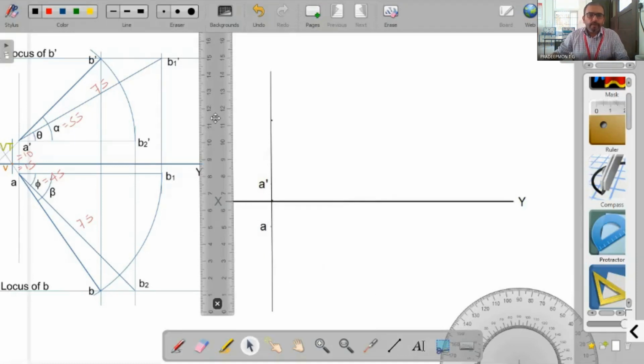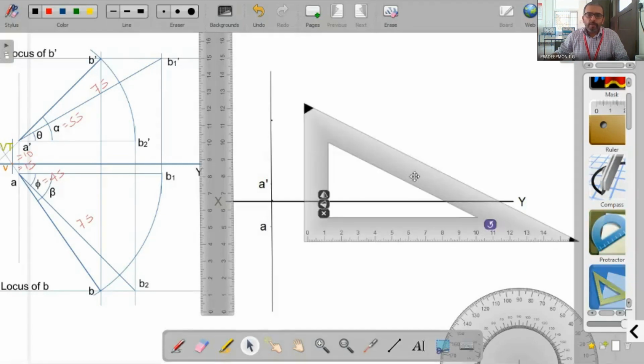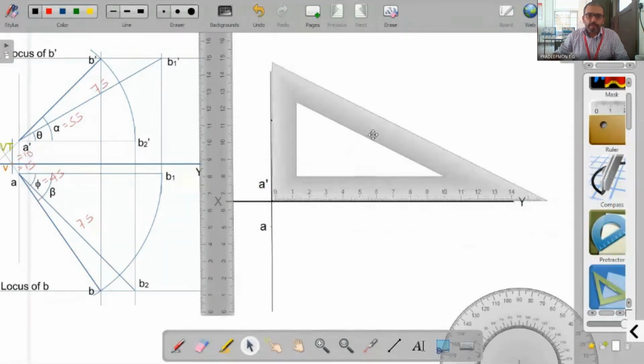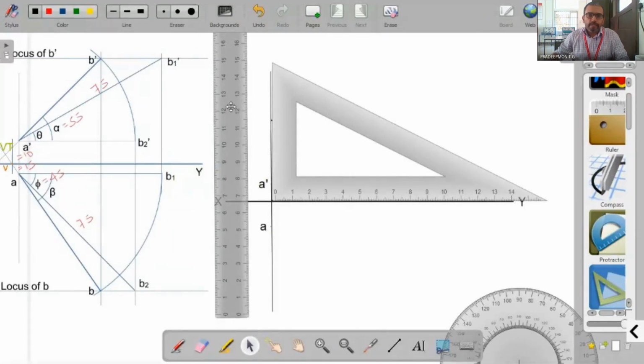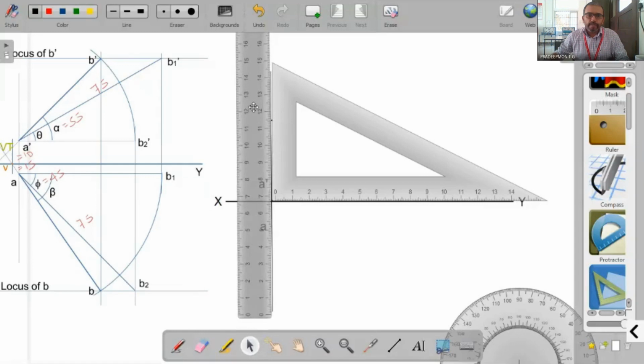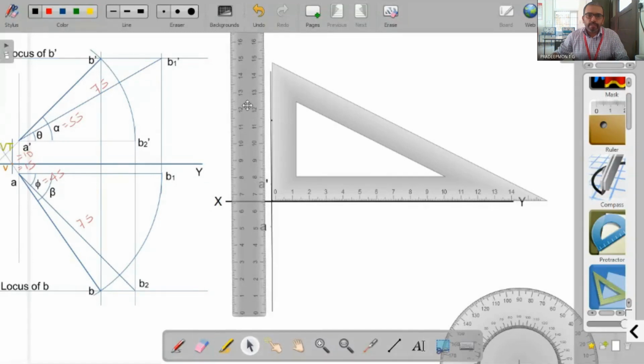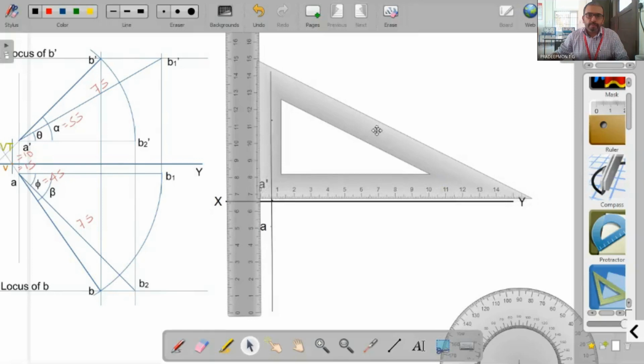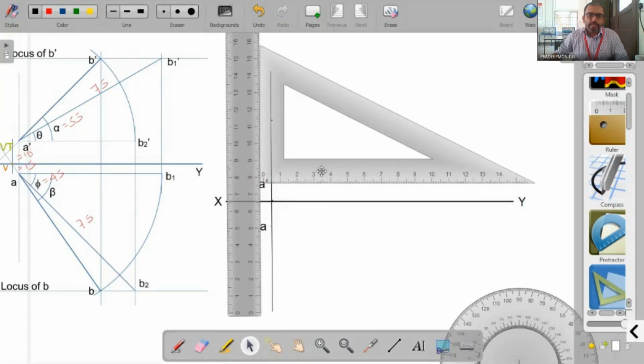Now we need two lines which are parallel. I hope you remember how to draw parallel lines. You first fix the scale like this, and then fix the other one like this. I'll put it some distance apart. Now I have to slide this, keeping the scale constant, until it coincides with the point through which I need the parallel line.